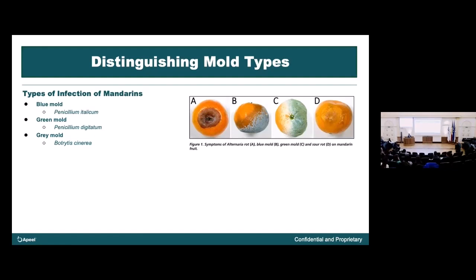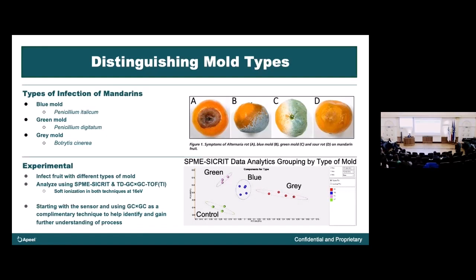Common in mandarins are blue, green, and gray mold. We were able to infect our mandarins and use our SPME secret to actually determine these different types of mold. There is a ton of differences just in the volatile profile with these molds.